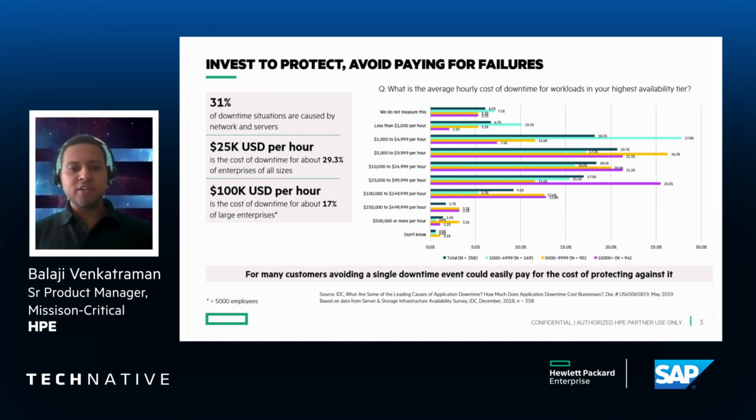The companies ranged from small companies with 1,000 employees to companies with more than 10,000 employees. The survey found that for almost 1/3 of the companies, the cost of downtime was $25,000 per hour, and for 1/6 of the companies, it was as high as $100,000 per hour.